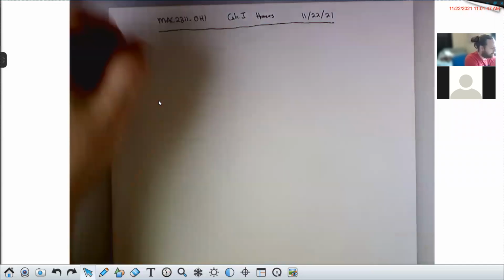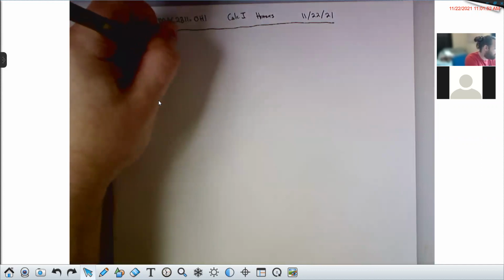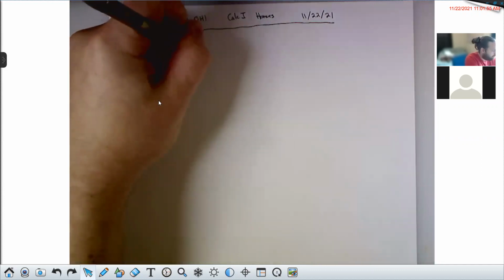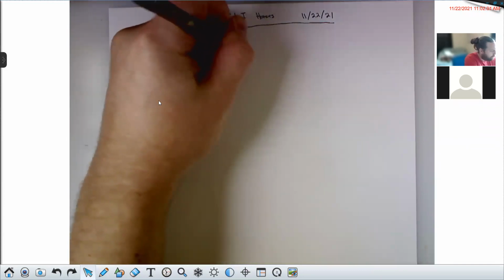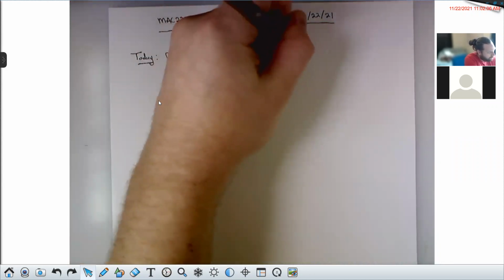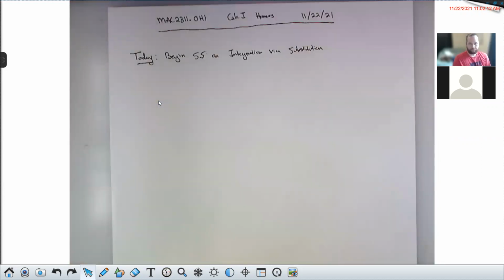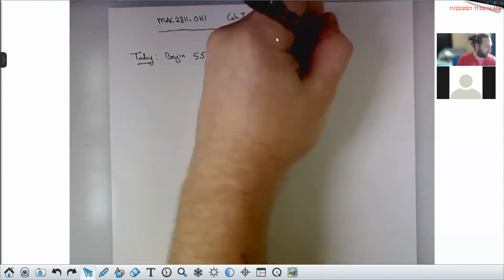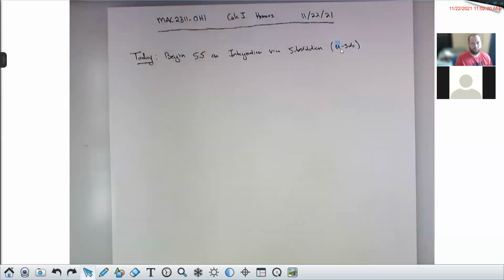The plan for today is to begin section 5.5, which is on integration via the substitution method. This is often just called U-sub, although I will sometimes use variables other than the letter U, for reasons that will become clear your very first week of Calc 2.